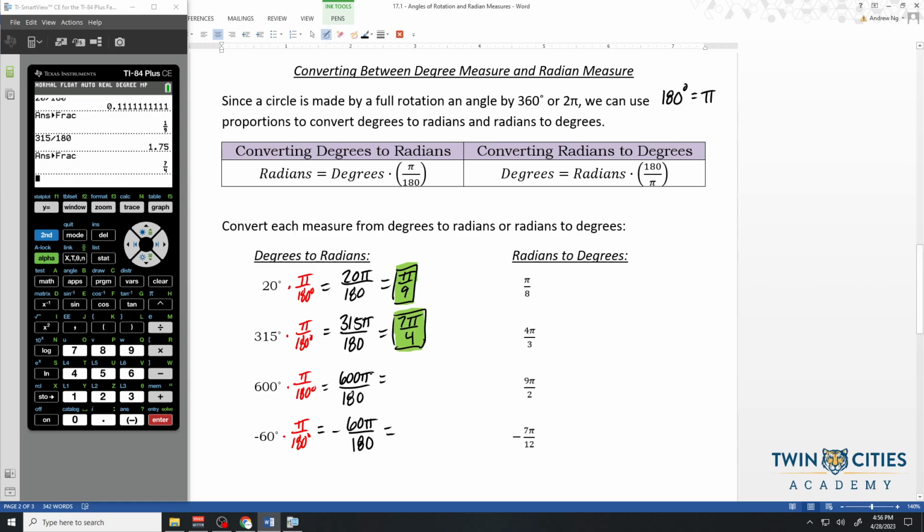For 600 pi over 180, ignore the pi, so 600 divided by 180. This is 3.3 repeating. Math, enter, enter. 10 over 3, so this will be 10 pi over 3.